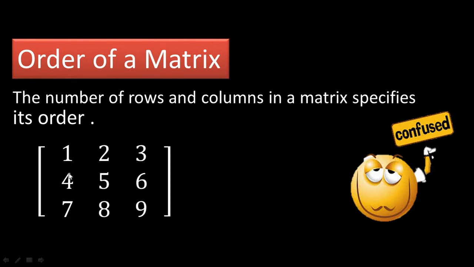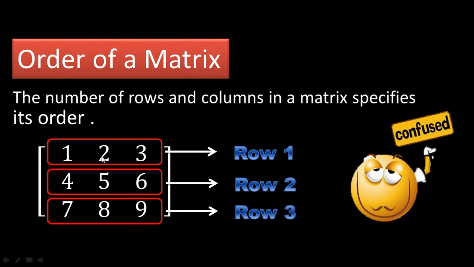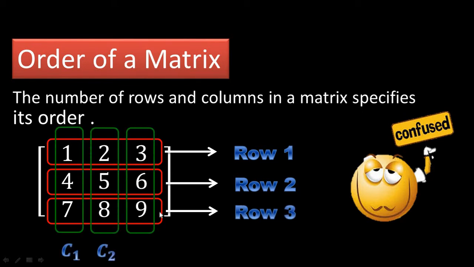I take a matrix, this is row number 1, row number 2 and row number 3. Now I am taking its columns C1, C2, C3, because there are 3 vertical lines in this matrix. So as there are 3 rows and 3 columns here, its order will be 3 by 3.